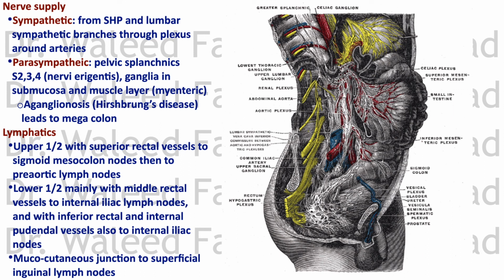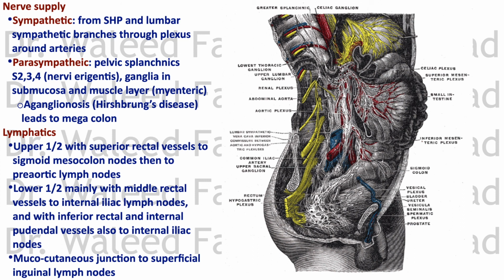The nerve supply of the rectum: it's a pelvic structure, so it comes from the superior hypogastric plexus, the lumbar sympathetic branches around the arteries, because it receives from the superior rectal, coming from the aorta. The parasympathetic supply is from the pelvic splanchnic nerves S2, 3, and 4.